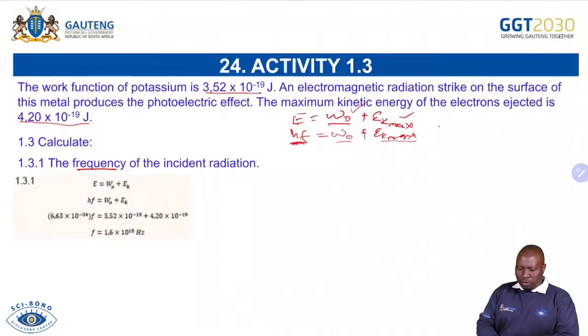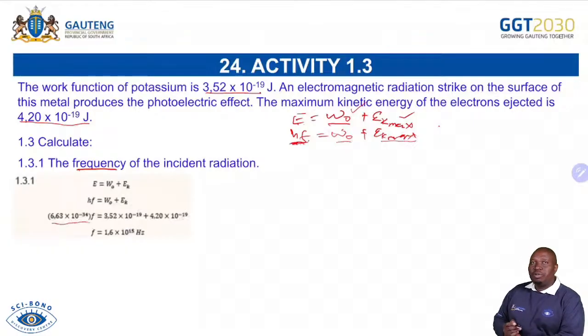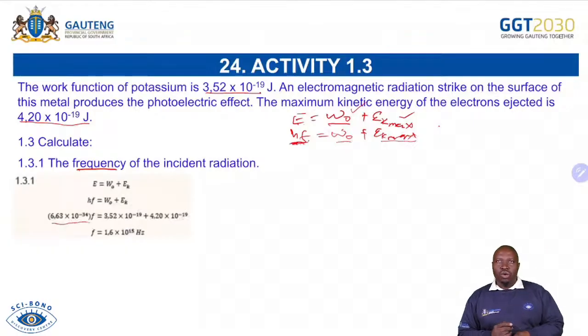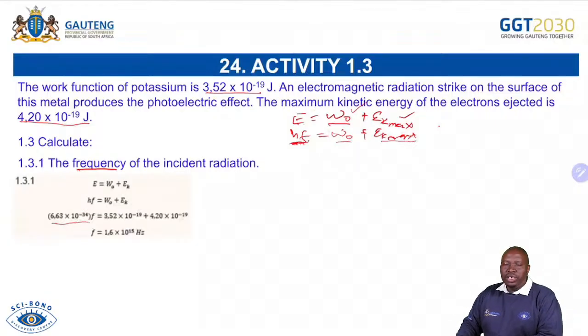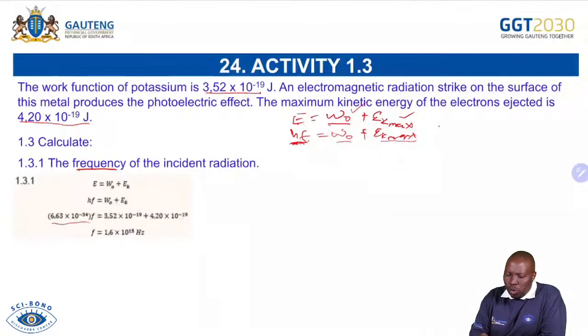So you just substitute all of them like that, and then you are able to get your answer, which is frequency, by dividing both sides by 6,63 times 10 to the power of minus 34. So just imagine having done that, you got your answer and you are ready to go. So it's very important that you always start with the photoelectric equation in mind.